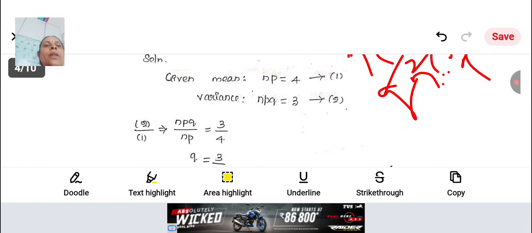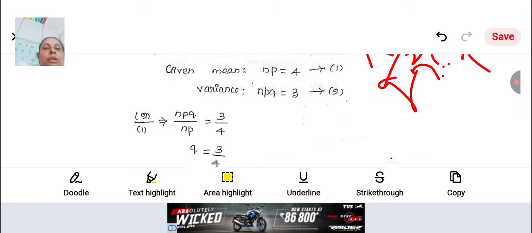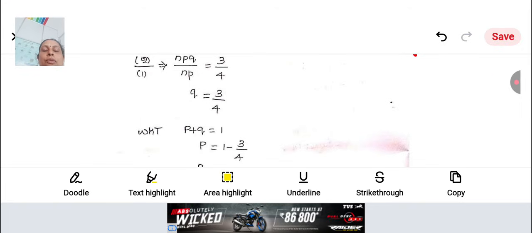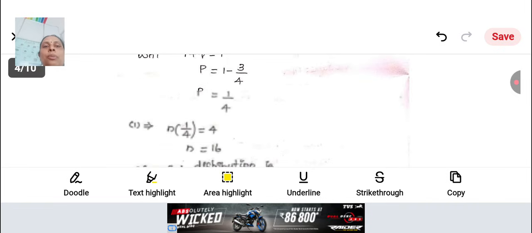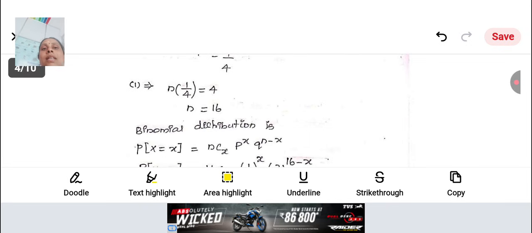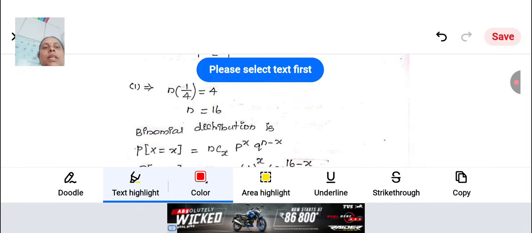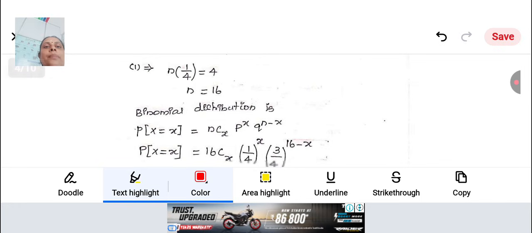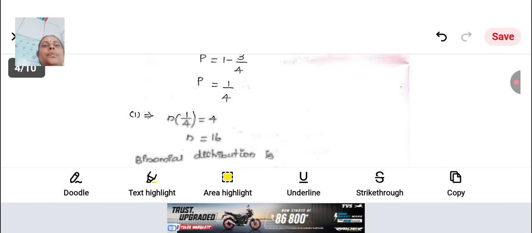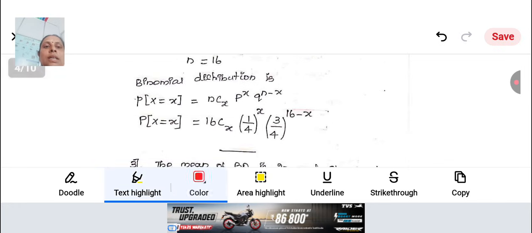Here np equal to 4 and npq equal to 3. As usual, dividing 2 by 1, the q value is 3 by 4. Using this q value and p plus q equal to 1, the p value is 1 by 4. Then the n value is 16.